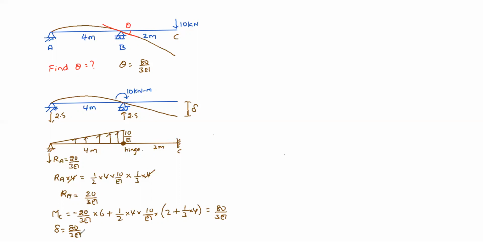So like this indirectly also you can find, okay, by using Maxwell reciprocal theorem. If directly you want, you can find that theta, of course by using the same conjugate beam method. You can go for theta directly, just to cross check whether it is the same or not. Okay. So for this, actually the curvature diagram would be like this.